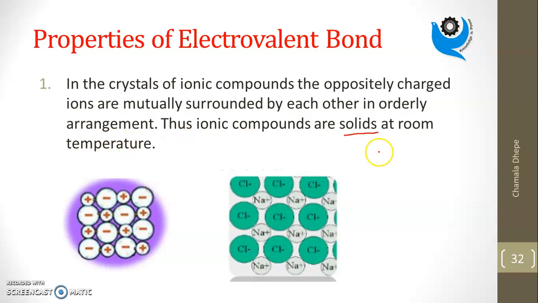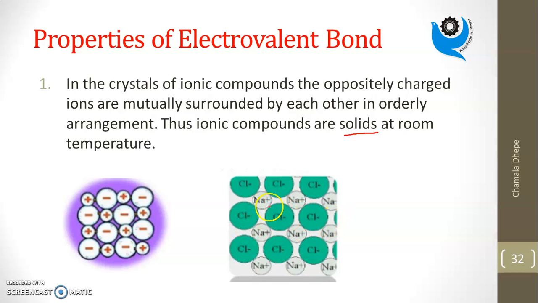So electrovalent compounds are solid at room temperature because there is tight packing, and the intermolecular space between them is less. So they have a particular arrangement, hence electrovalent compounds are solid at room temperature.